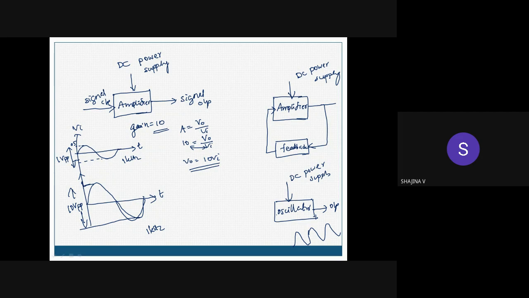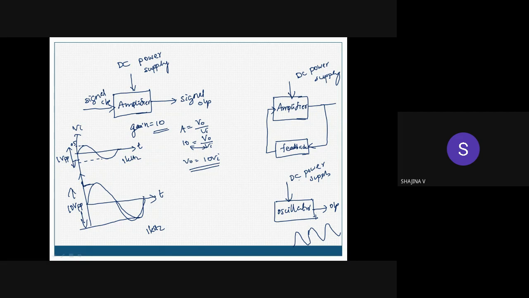In the case of an oscillator, there will not be any input signal, but from the DC power supply, an oscillator can produce a periodic waveform of constant amplitude and constant frequency. It is not something that happens simply; there are certain conditions.